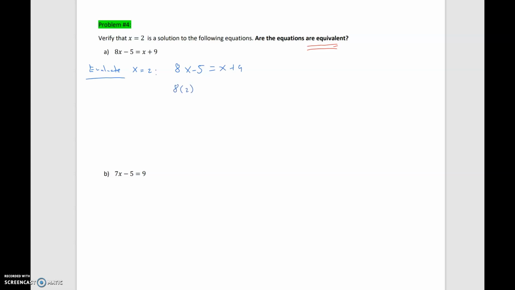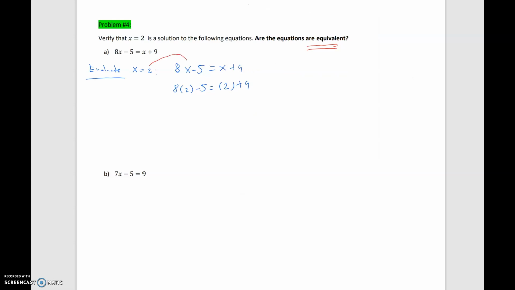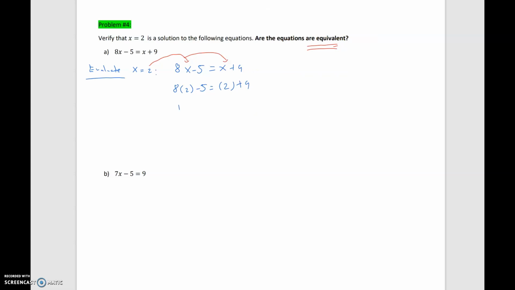So 8 times 2 minus 5 is equal to 2 plus 9. And remember that when you're evaluating, it goes into the specific variable, in this case your x's. So we end up with 16 minus 5 is equal to 11, or 11 is equal to 11, and this is technically true.